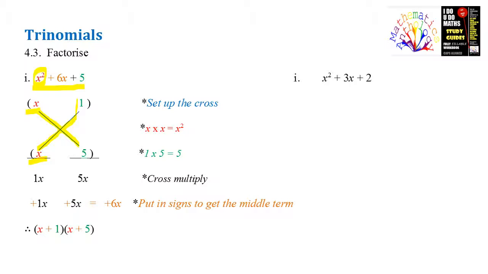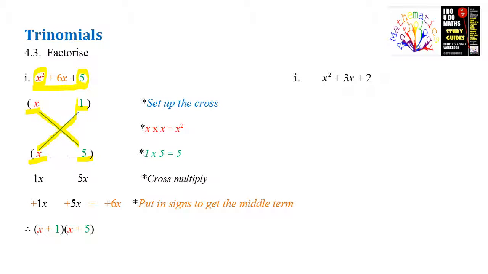Now I look at my last term, which is 5. Don't worry about the signs for now. Let's just look at the values. So if it's 5, I need to look at two numbers that I can multiply that will give me 5. So I know that 1 times 5 will give me 5 at the end.